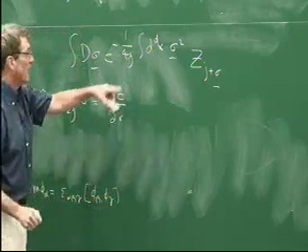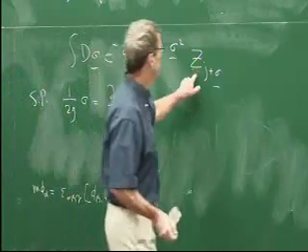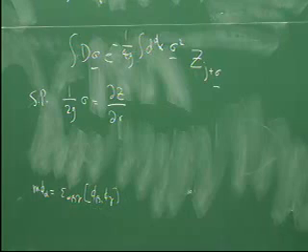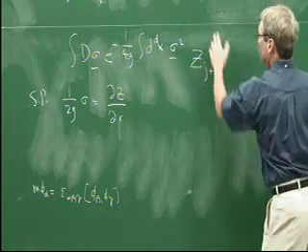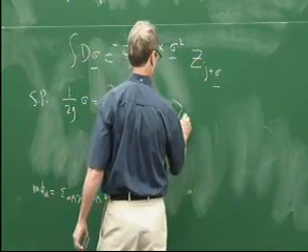sigma, which but this is just the generating functional. So differentiating it once with respect to the source just pulls down the expectation value.